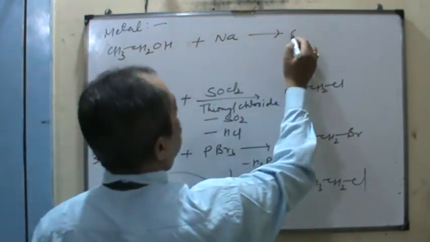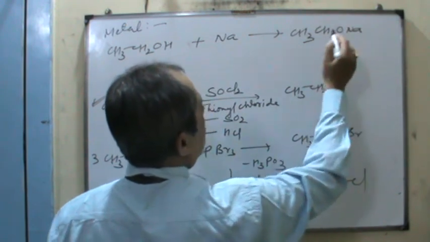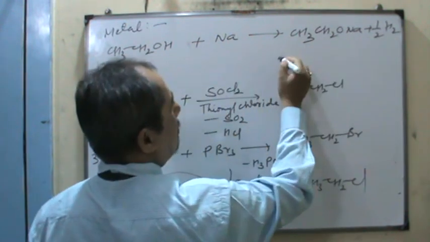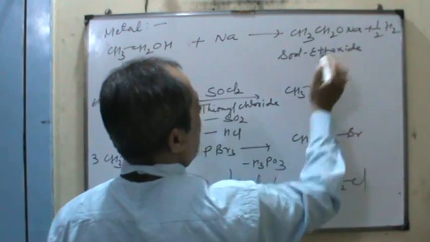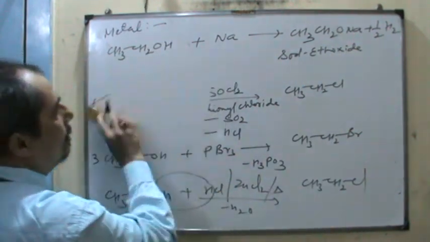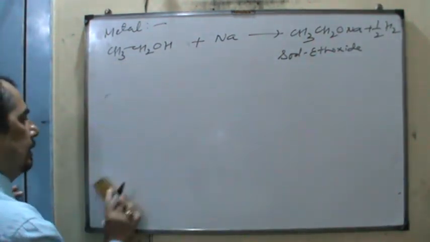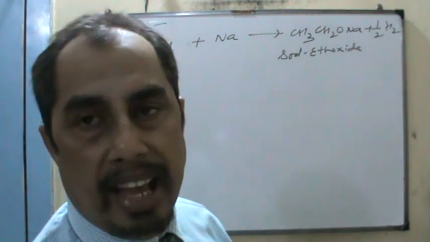So then it forms CH3CH2ONa plus half hydrogen gas. It is the sodium ethoxide and hydrogen gas is liberated. Now this alkoxide will be helpful in preparing ether during the Williamson ether synthesis reaction.